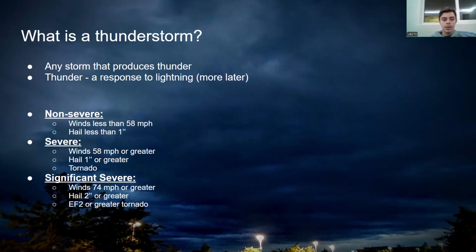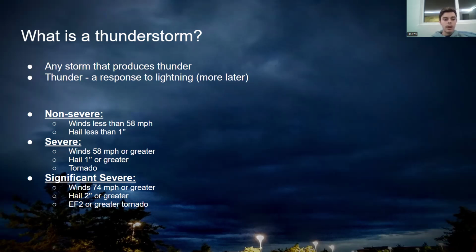Non-severe has winds of less than 58 miles per hour, and hail less than 1 inch if there is hail. A severe thunderstorm has winds of 58 miles per hour or greater, hail of 1 inch or greater if present, and a possible tornado.